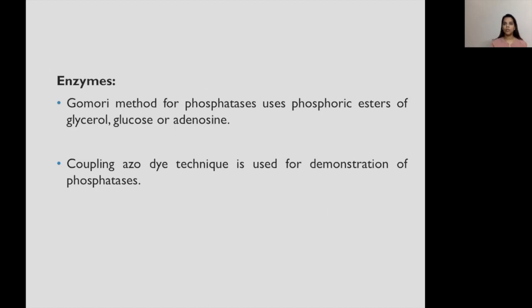Enzymes, we use the Gomori method for phosphatases. It uses phosphoric esters of glycerol, glucose, or adenosine. Coupling azo dye technique is used for demonstration of phosphatases.